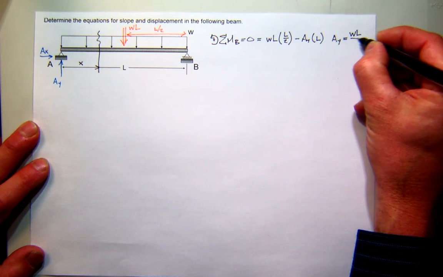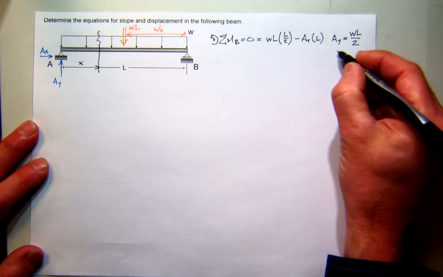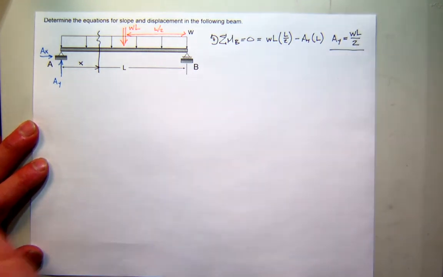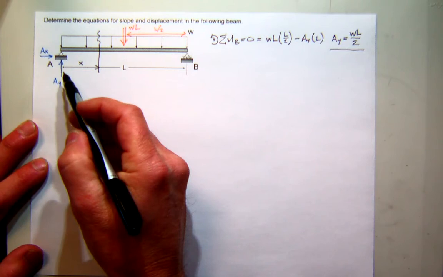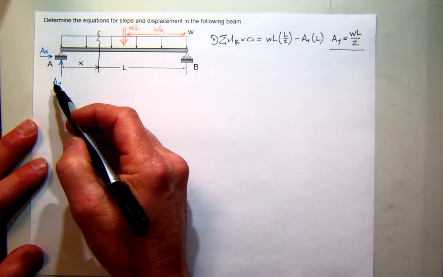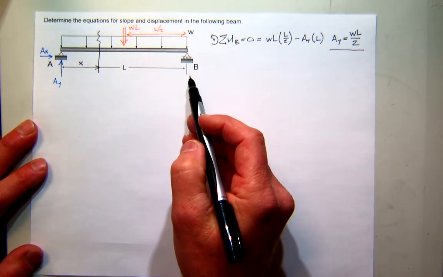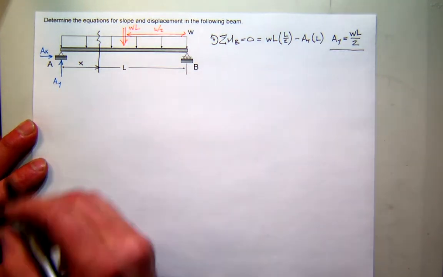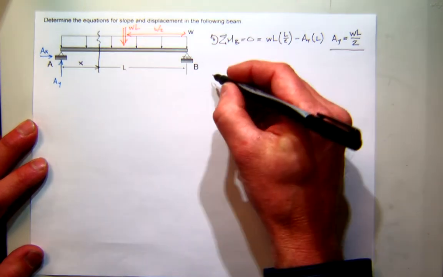WL over 2. Basically half the total load. It's distributed evenly to A, and if we sum forces in the Y, you'd see it'd be the same value at BY.